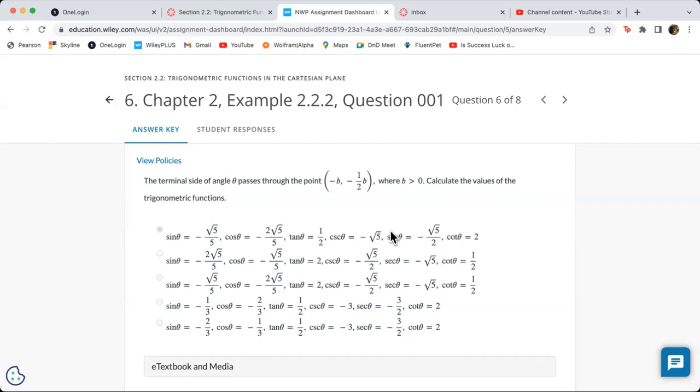So those are reciprocals. Sine here is 2√5/5. Cosecant is √5/2. So those are reciprocals. So in some cases we have reciprocals. And this third one is right out. Sine is √5/5. Cosecant is not the reciprocal of √5/5. So it is not the third one. And it's also not the last one. We've ruled out 2 just based on the fact that sine and cosecant need to be reciprocals.